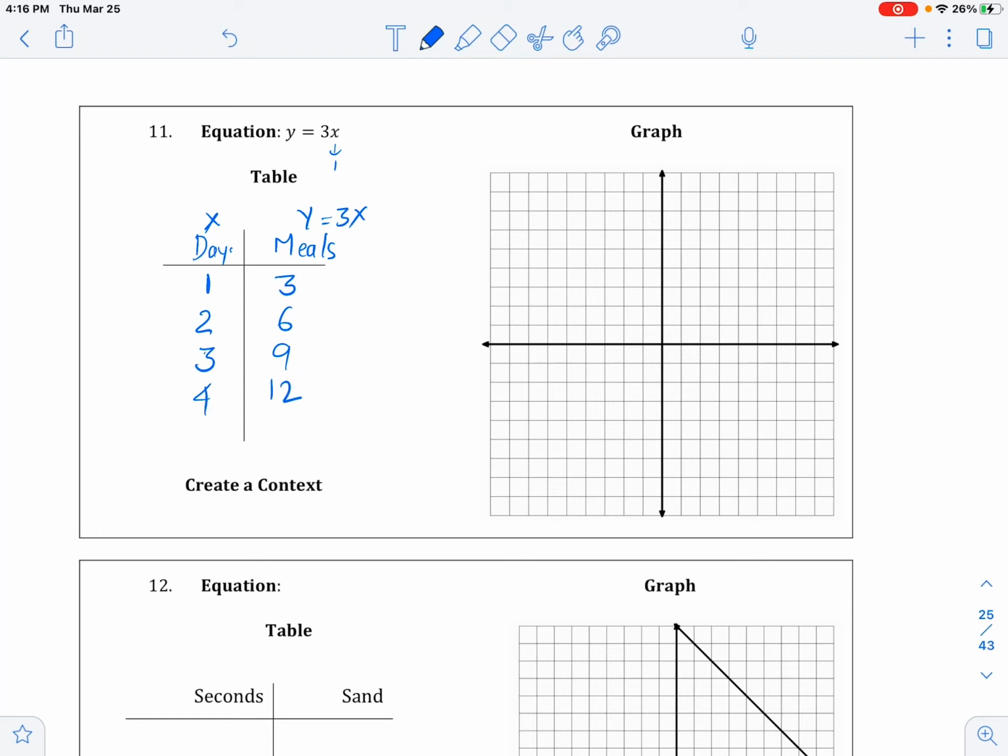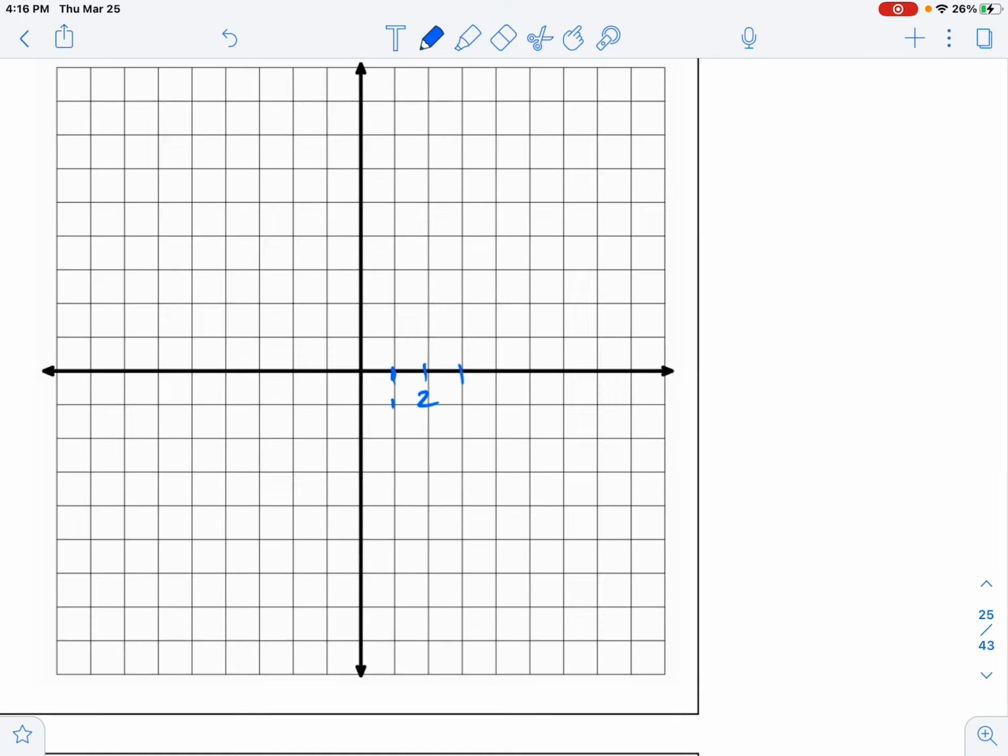So you need to plot the points. If I assume each box to be 1 unit on the x-axis, 1, 2, and if I assume it to be 3, and that's 4, that's 3, 6, 9, 12, and 15. And if I have to graph my table here, so at 1 day you have total 3 meals.